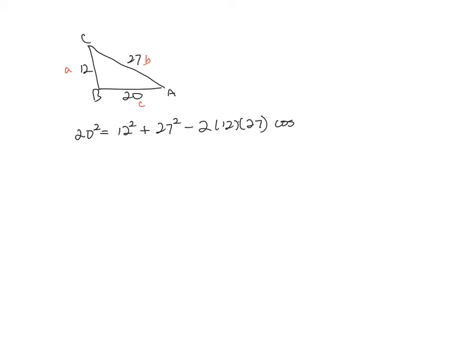And then I'm going to have cosine of angle C. I don't know that one. So keep in mind, I'm trying to find an angle. That means I'm going to have to do inverse later. Okay, so 20 squared is 400. 12 squared is 144. 27 squared is 729.